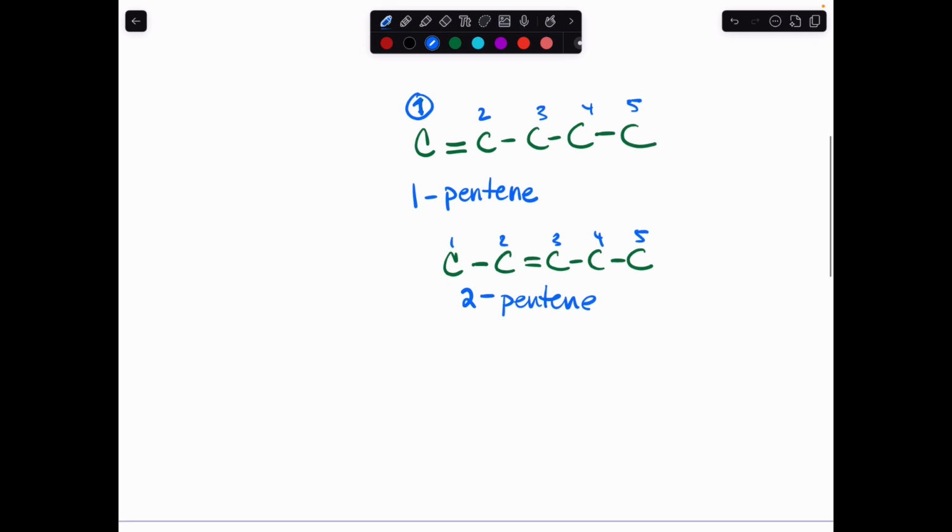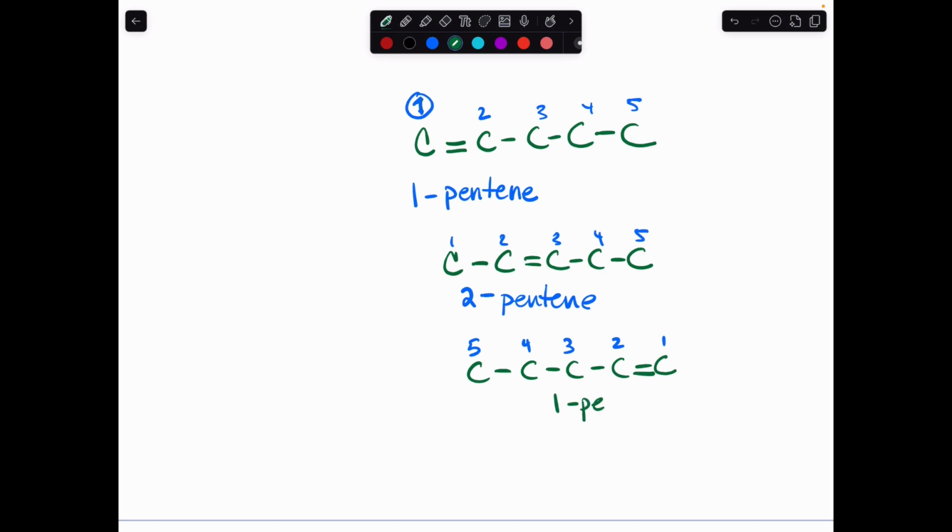What's a little trickier as we're stepping forward is if I have 5 carbons in a row and the double bond is here, that is not the 4th carbon. That is the 1st carbon because I number them. I can number them backwards, I can number them up, I can number them down, just depending on what the chain looks like, but I number them so that the double bond is in the smallest position.